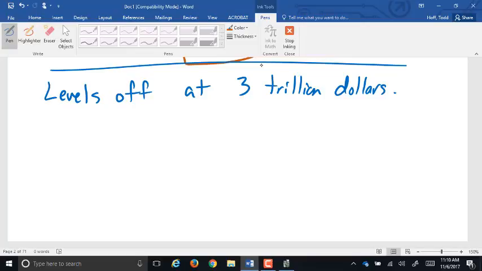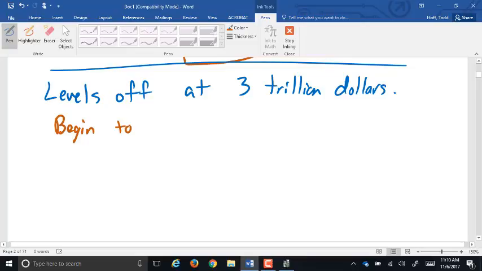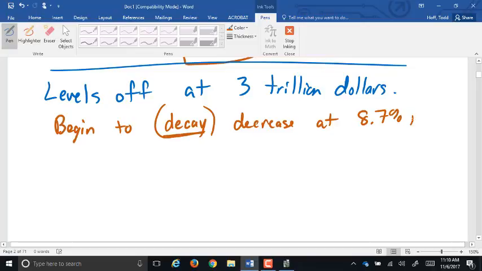So anyway, what they're saying now is after it levels off, they're predicting it to begin to fall. Now remember, the key term here is decay. It's going to fall, decrease at 8.7% per year.